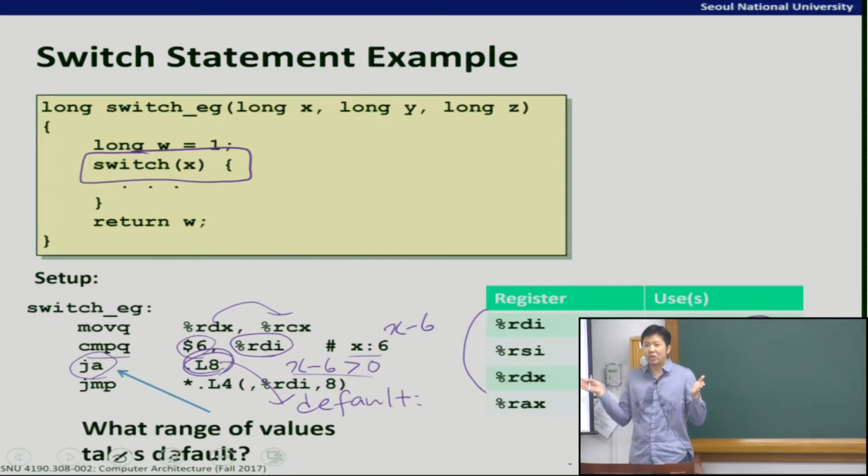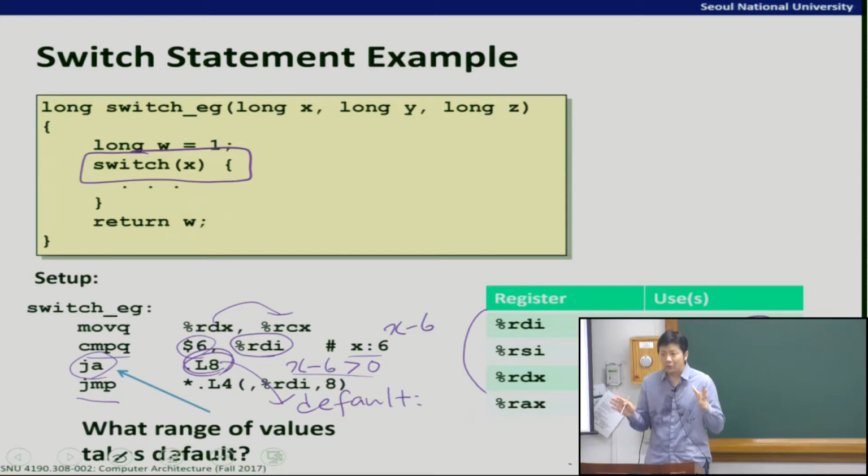This refers to the range checking for the value of x. Otherwise, if the value is somewhere between 0 and 6, we go to the address pointed to by the jump table.